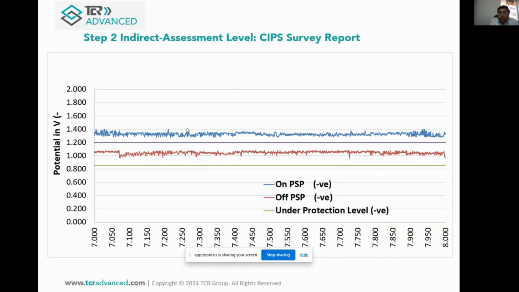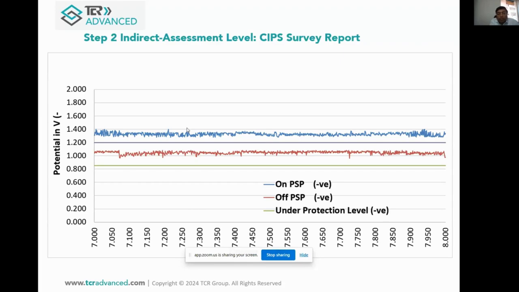A graphical representation of CIPS survey reports. As you all are aware, for cathodic protection, the acceptance criterion is minus 850 millivolts of potential, and the on potential should be no more than minus 1200 millivolts. So anything between minus 850 and minus 1200 millivolts would be in the protected region, and your off reading should be in that.